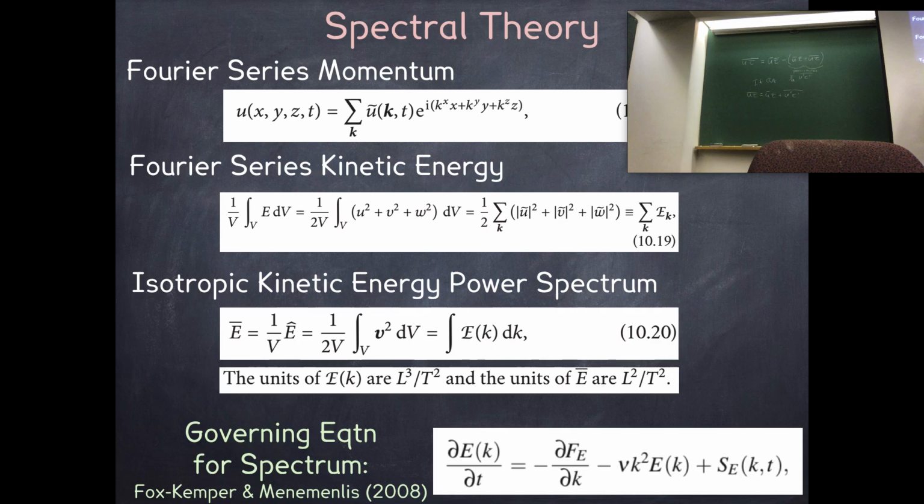And the only reason why we're using a Fourier series rather than a Fourier transform is... so what's the difference between Fourier series and Fourier transform? One is discrete, the other is continuous. How far apart are these wave numbers in a series?